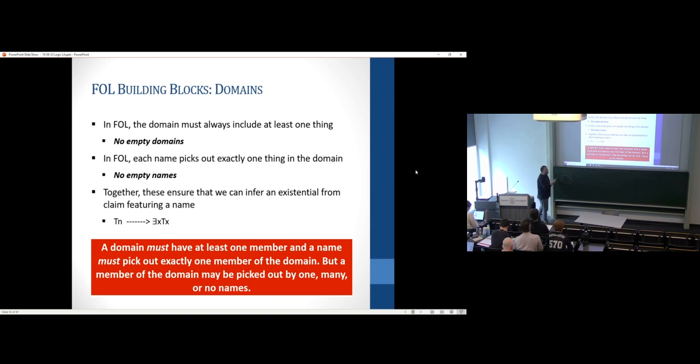The reason why we do this is it lets us make a very sensible inference. We can go from a sentence featuring a name to a sentence with an existential. If we know that N is a T, then we know that something is a T. We know that N lives in the North Pole and wears a red suit.